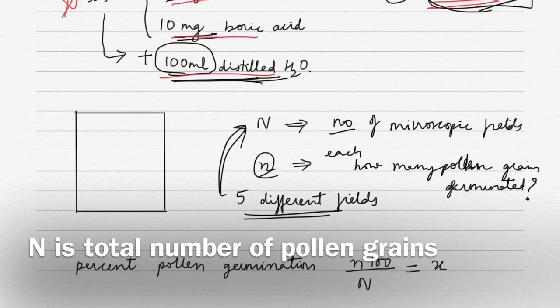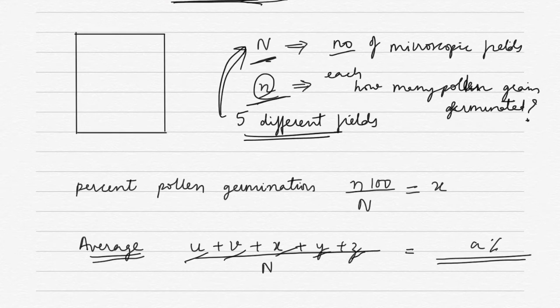So this is small n and big N. Here U, V, X, Y, Z refer to the percentage of pollen grains germinated in different fields. In each field we do the same. Suppose this is field number 1: n1 into 100 divided by N1, we got X%.